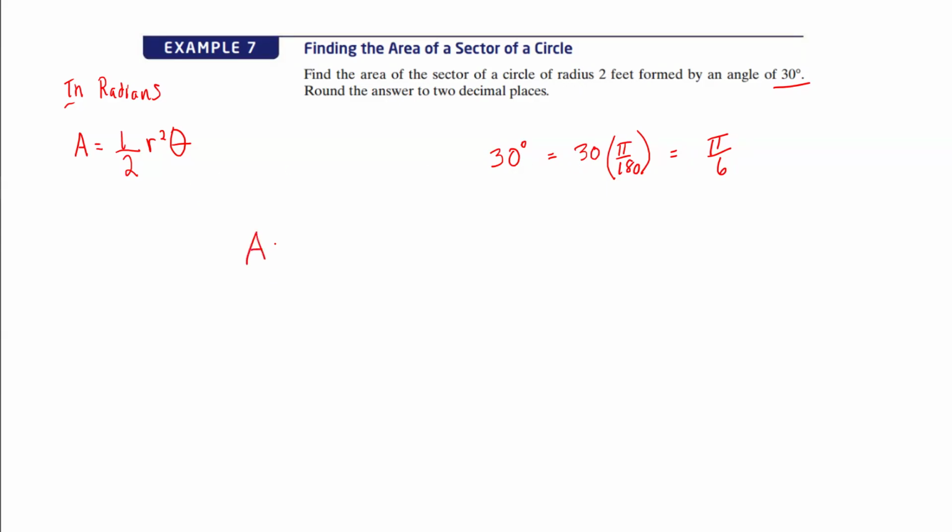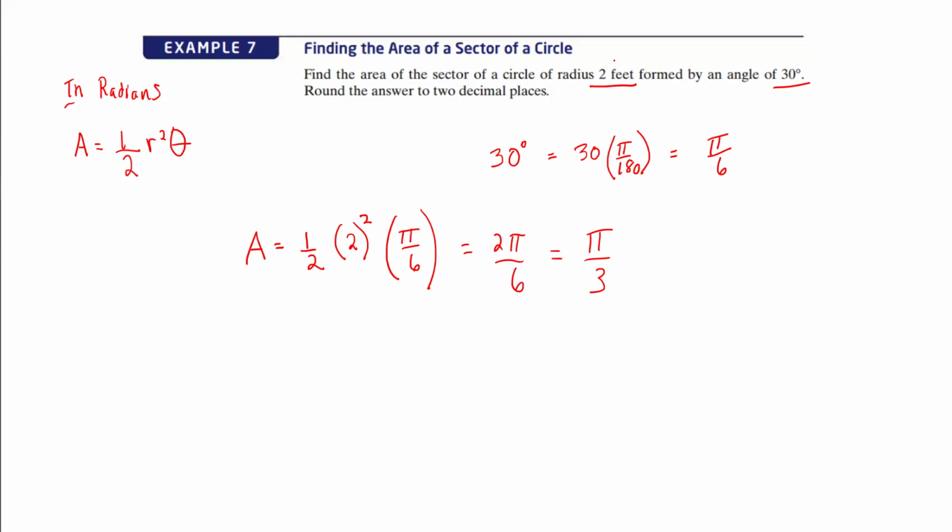So the area is going to be equal to 1/2 times the radius, which is 2 feet, squared, and then times the angle in radians. So pi over 6. Okay, so that's going to be 2 pi over 6, which of course we'll want to reduce to pi over 3.